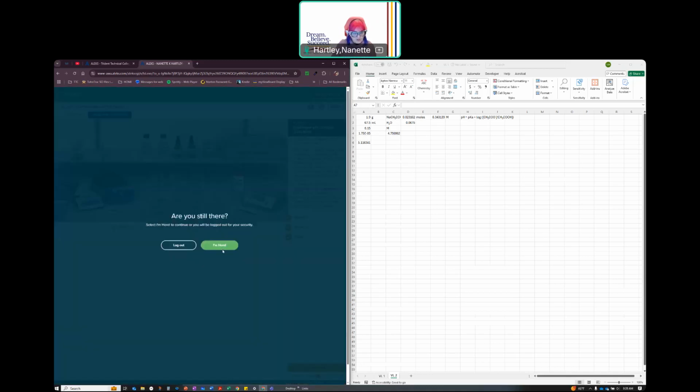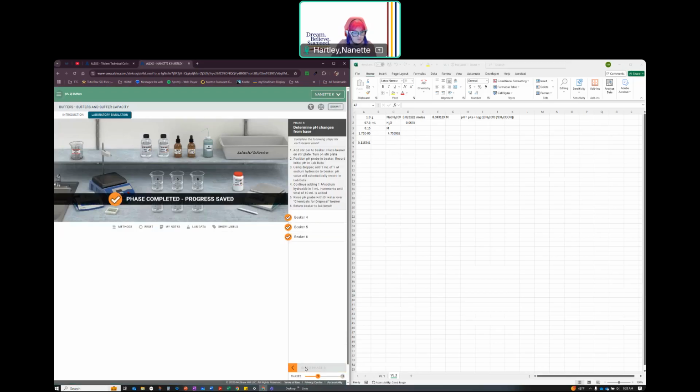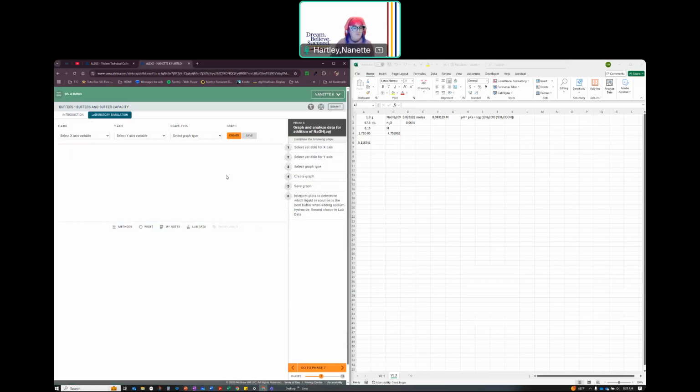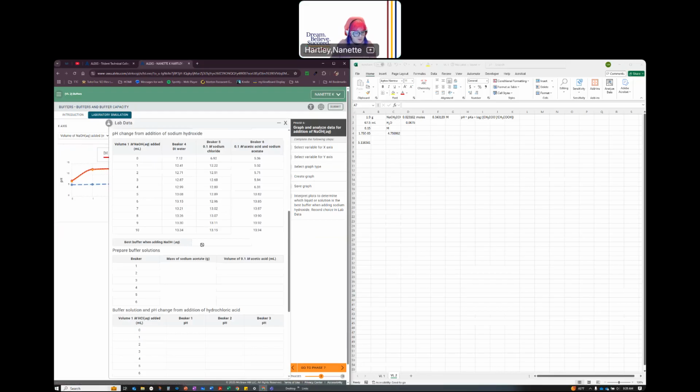Yes, I'm going to the next phase. So again, plotting the volume of stuff that I added, with pH as the dependent variable. Again, a line graph, creating that. And again, the thing that is least changed is that acetic acid.